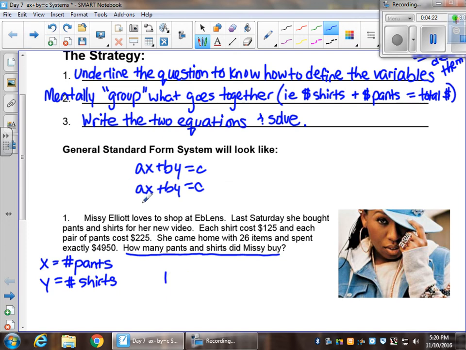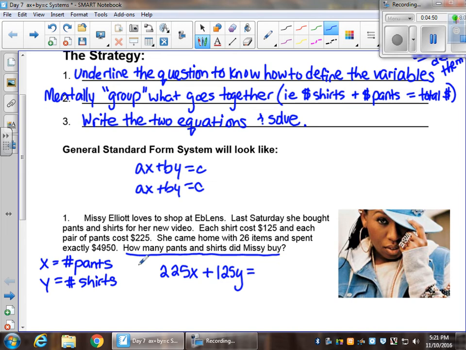Let's back up. What do we know about pants? A pair of pants costs $225. So it should be 225X plus, now let's see if we can use the information about shirts. Shirts are $125 each, and Y is about shirts. So plus 125Y equals. So money plus money equals total money.